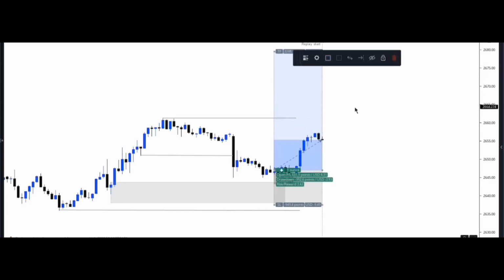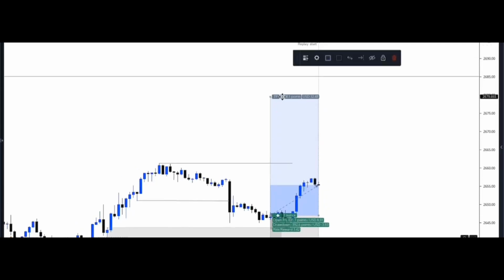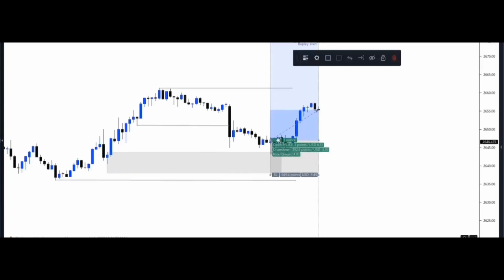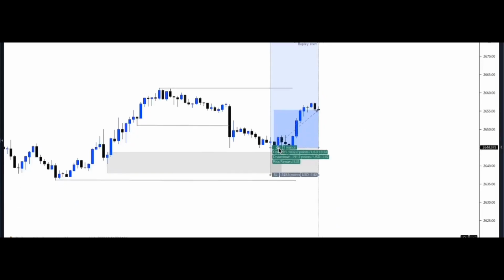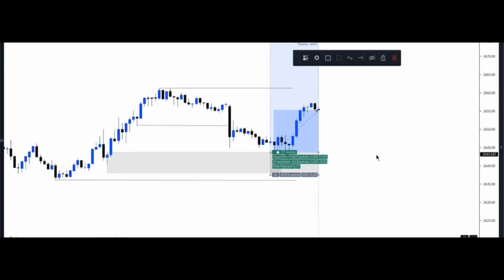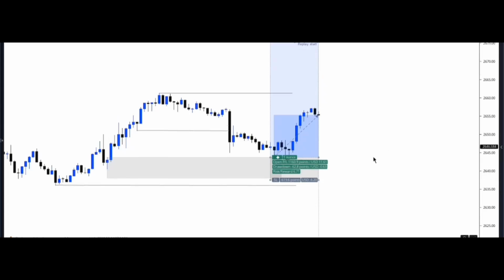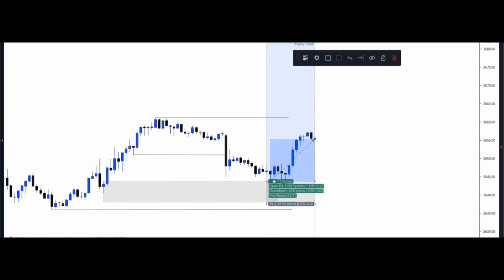Let's see where the TP is. TP is up here. Okay, that's the wick, and this is where we enter the trade. So if this trade goes our way, we are going to have over 6.71 R. So let's continue to advance price and see how it goes.